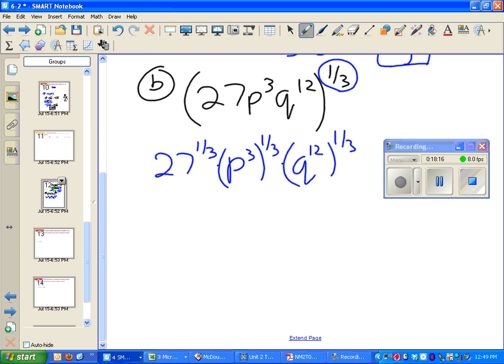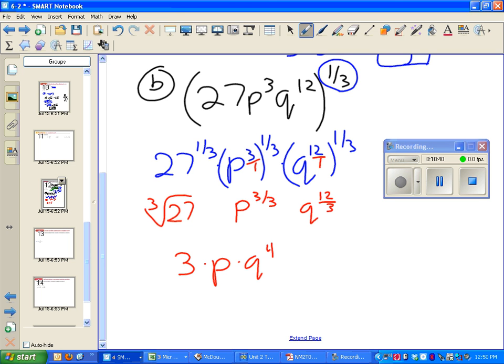Right? 27 to the 1/3 power is the same thing as the cube root of 27, which is the same thing as 3. We're going to multiply these fractions and get p to the 3/3, which is the same thing as p to the 1st. For q, we're going to multiply the fractional exponents and get 12/3, and that would be q to the 4th, and that is our answer for part B.